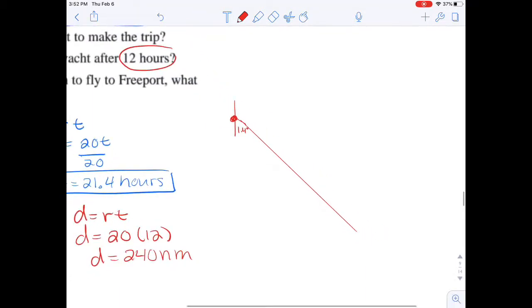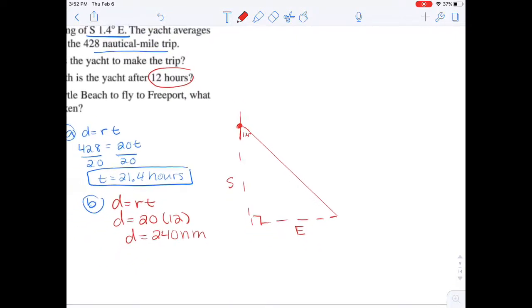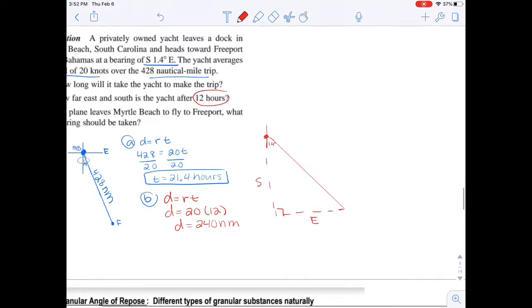So now we're going to figure out how far east and south we need to be. So I know that I can essentially create a right triangle. And so we can label the horizontal would be east, the vertical would be south. I just found out the trip is 240 nautical miles after 12 hours, so I can label that my hypotenuse.